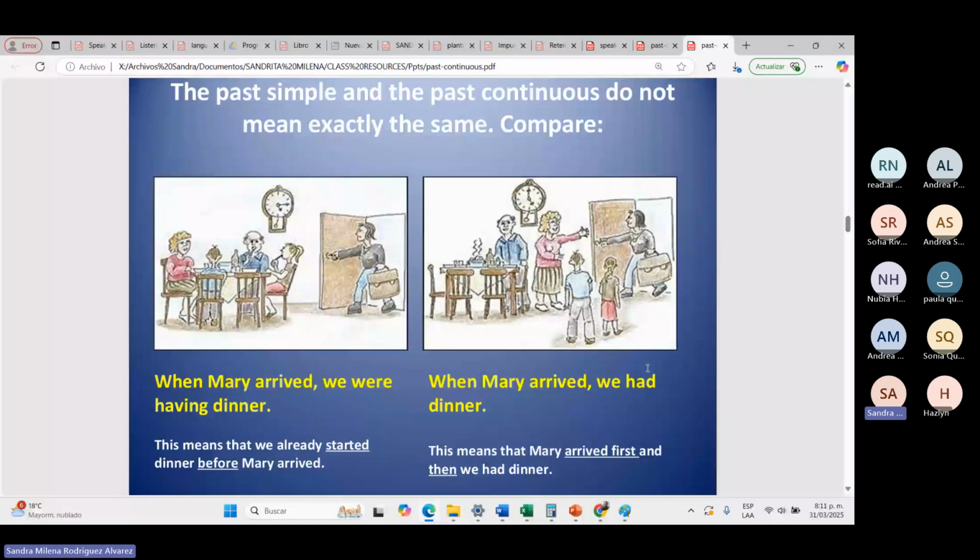The past simple and past continuous. Do you remember past simple? Yes, teacher. What is the past simple used for? Events in the past.